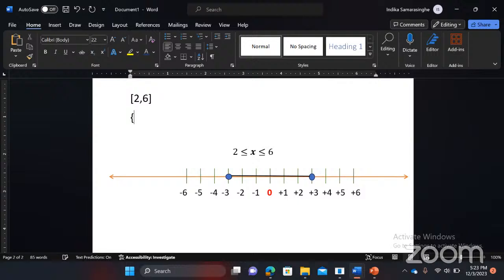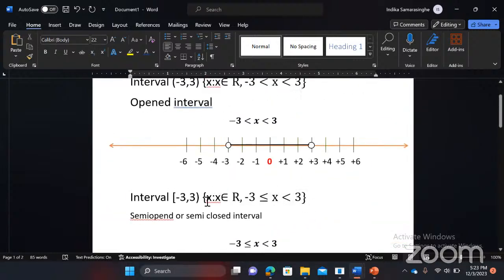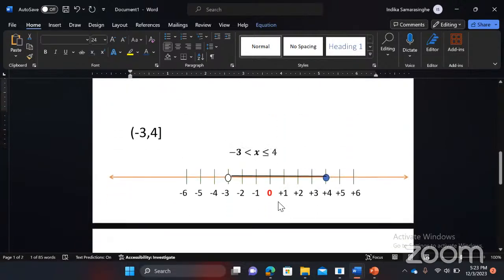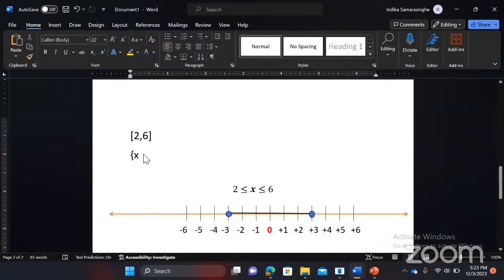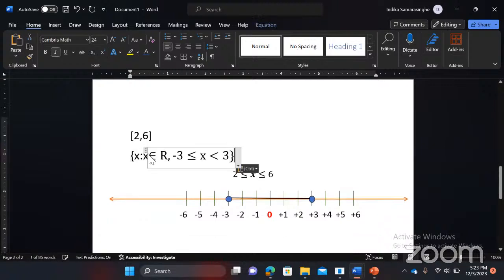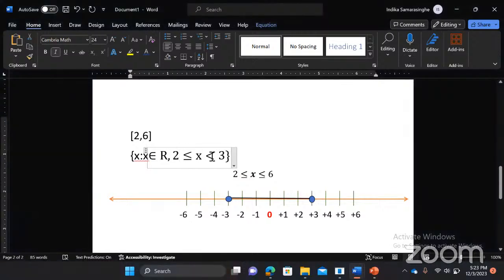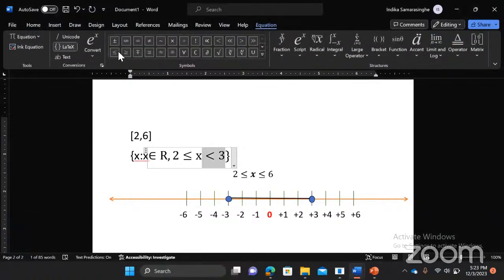You can write it as x belongs to R, x is greater than 2 and less than or equal to 6.